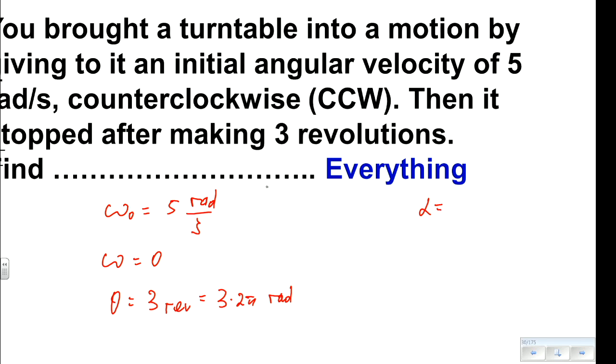Now, that new variable we talked about, changing angular velocity over time, should be assumed constant, because that's the easiest assumption to make. And now, as long as we said acceleration is constant, we have a list of equations we've used before for the motion with constant acceleration.